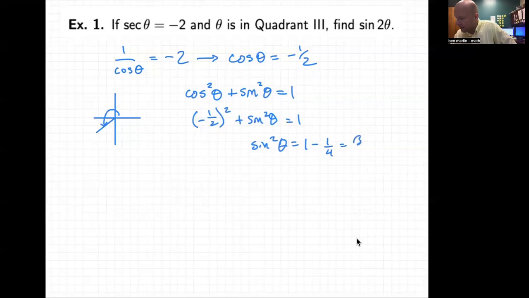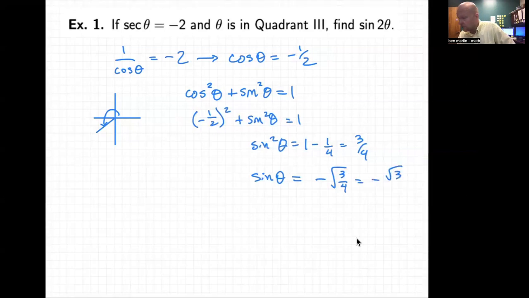So that's 3/4. Our sine theta is either plus or minus the square root of that. But because we have something that is in the third quadrant, we don't have to say it could be either one. It is definitely negative square root of 3/4. That is negative root 3 divided by 2.